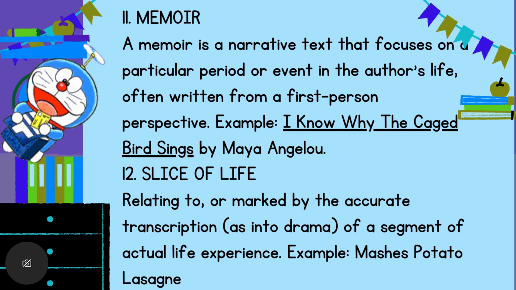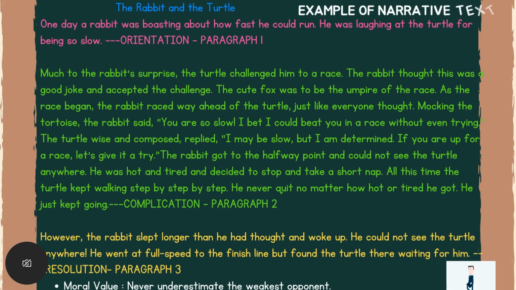Next, we will discuss an example of narrative text. The title is The Rabbit and the Turtle. There are three paragraphs there. The first paragraph is orientation.